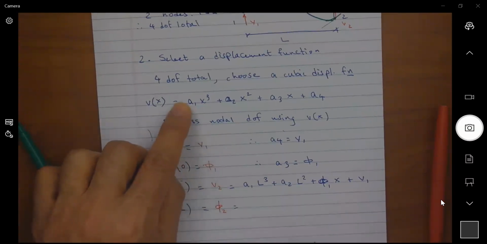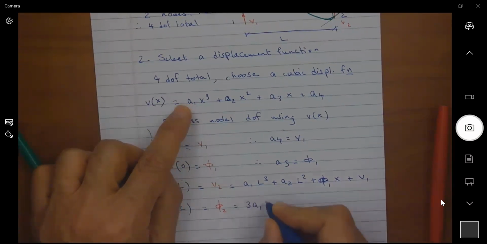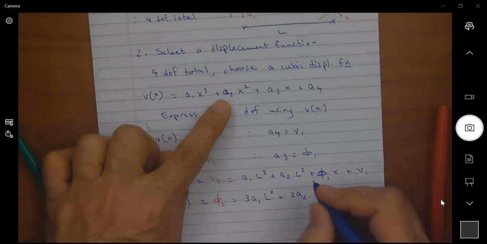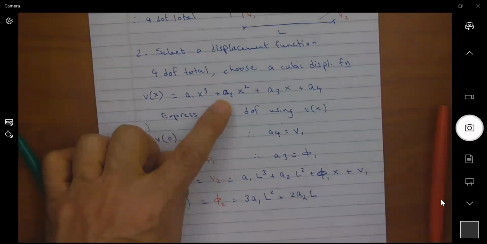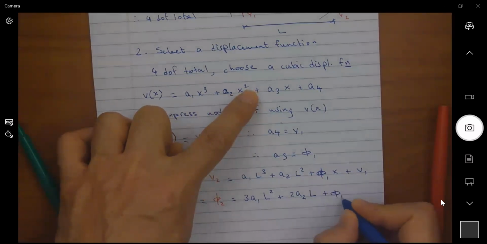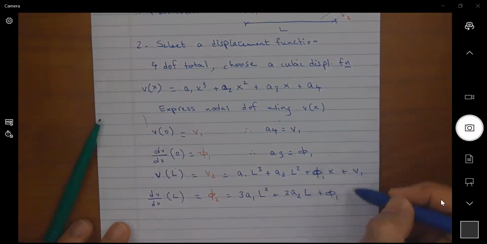If I take the first derivative and substitute for x equal L, I will have 3A1 L squared plus 2A2 L plus A3, which is Phi1. Now we can solve these two equations together to find A1 and A2.